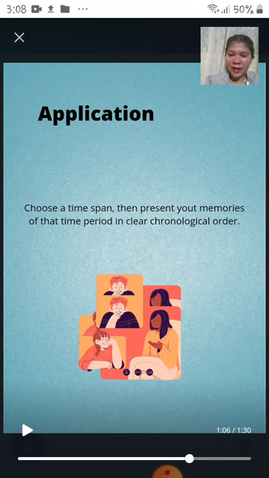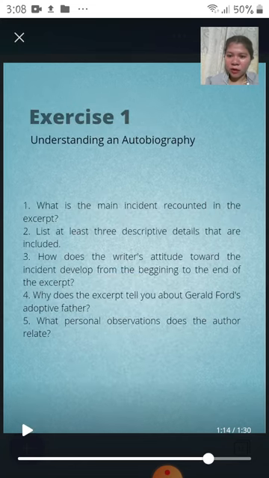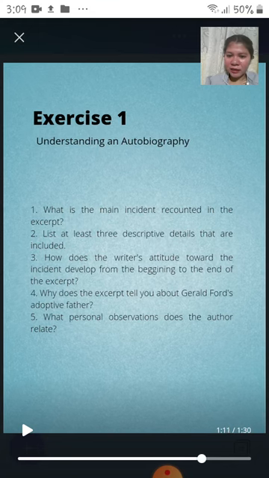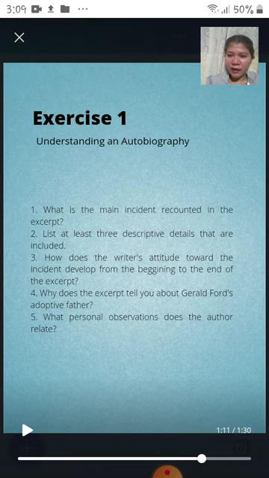Okay, well done, class. Let's proceed to another activity. So I want you to reread the excerpt that I've discussed earlier, the autobiography of President Gerald Ford, and answer the following questions. Number 1, what is the main incident recounted in the excerpt?